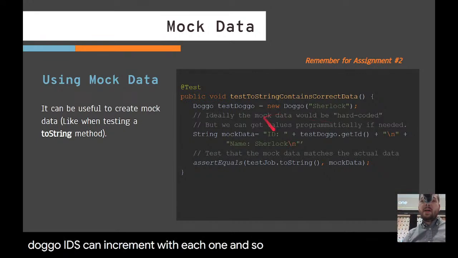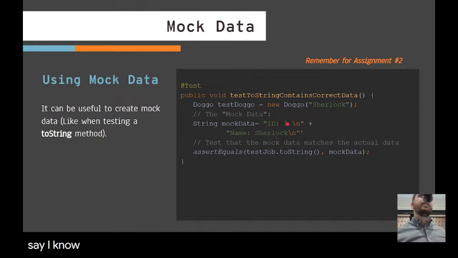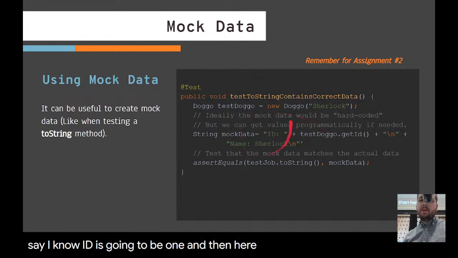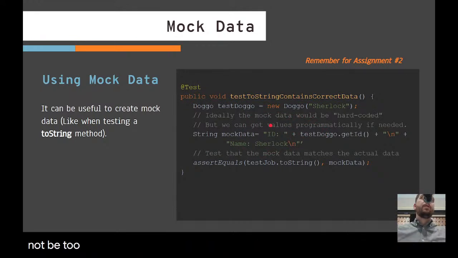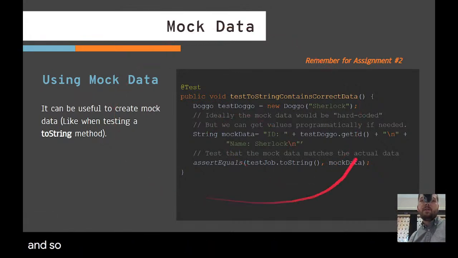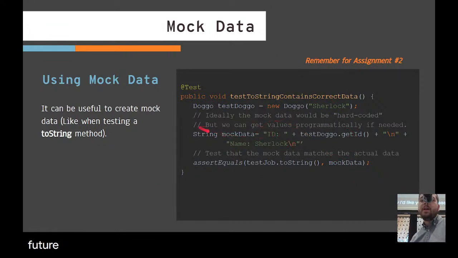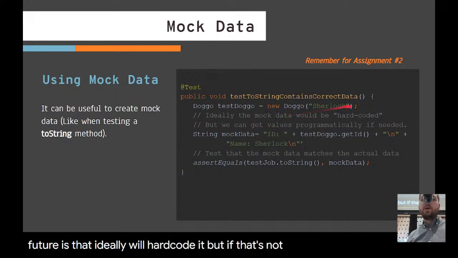And so if I were to write my test where I say, I know ID is going to be 1, and then here I write another test, my ID might now be 2 or 3 or something else. And so that's not very good for testing. And so this is a really good takeaway I'd like you all to at least remember for the future: ideally we'll hard code it, but if that's not practical, we can just dynamically get the data.